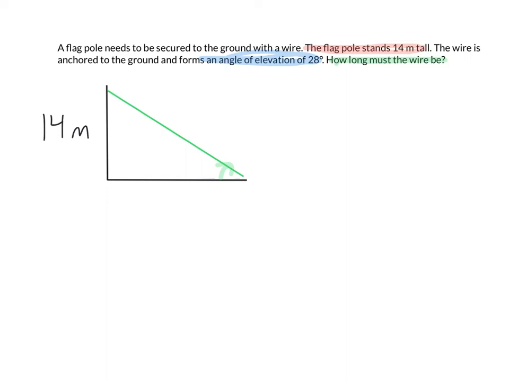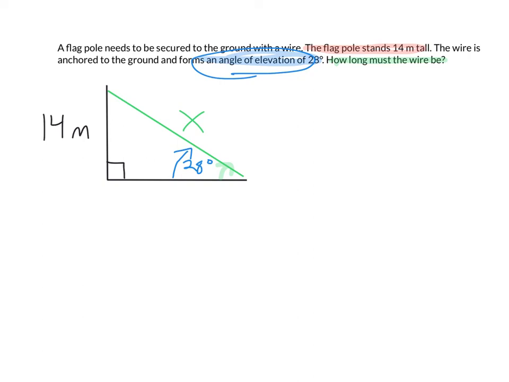This is our flagpole's wire, and we don't know how long it is, so we're going to represent it with an X. We know we're making a right angle here, and we're told that we have an angle of elevation of 28 degrees. We know it's an angle of elevation from the question here, and that means it has to go from the ground up to the wire.